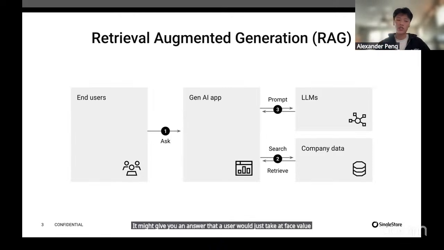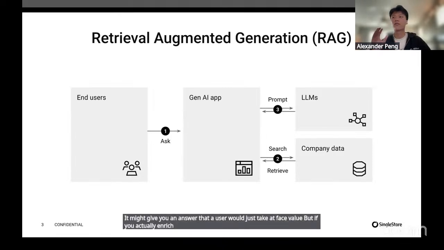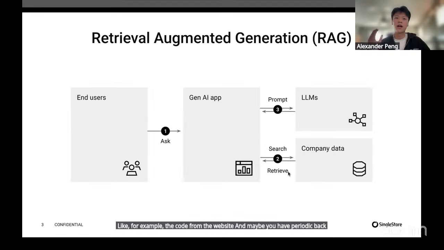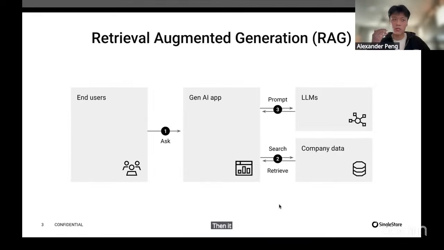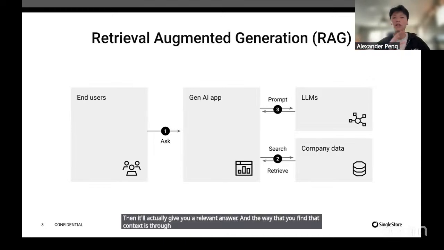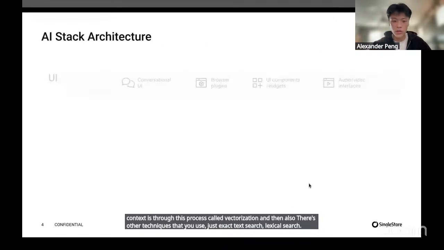But if you enrich it with context, like for example the code from the website, and maybe you have periodic backups of the website, then it'll actually give you a relevant answer. The way that you find that context is through this process called vectorization, and there are also other techniques that you use, like exact text search, lexical search, that SingleStore also supports.